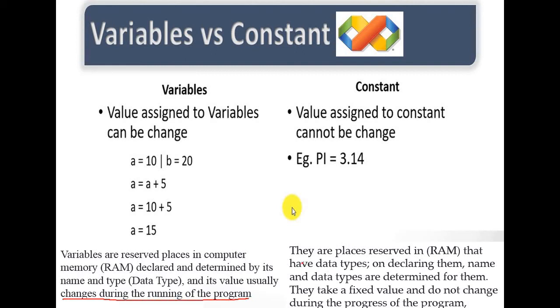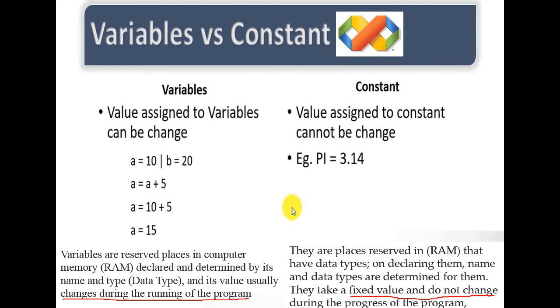The constant is the same, but they are different in one point. They are places reserved in the RAM that have types. On declaring them by the name and the data type, they take a fixed value and do not change during the progress of the program.